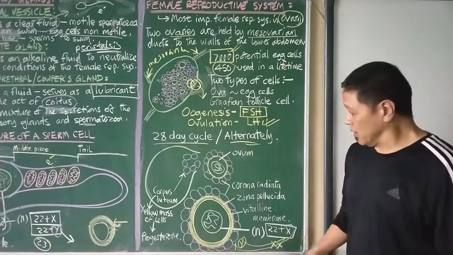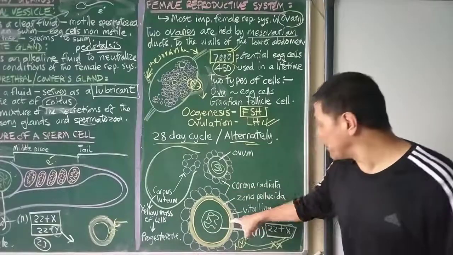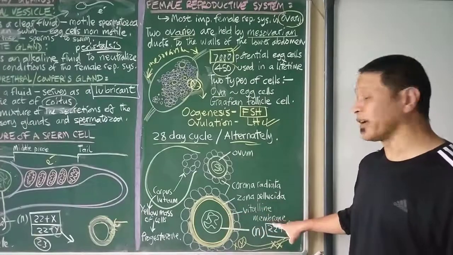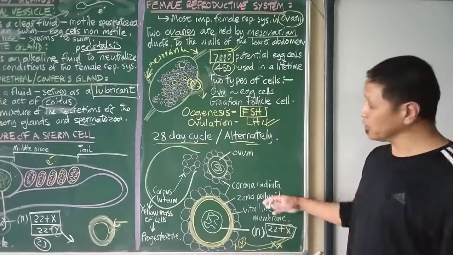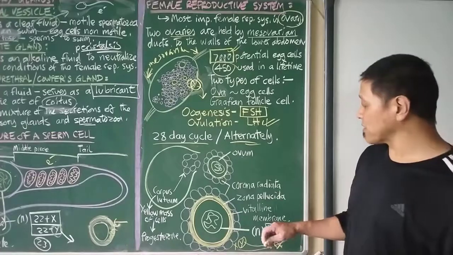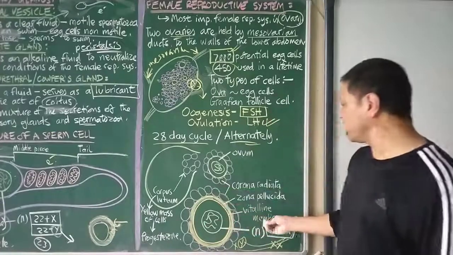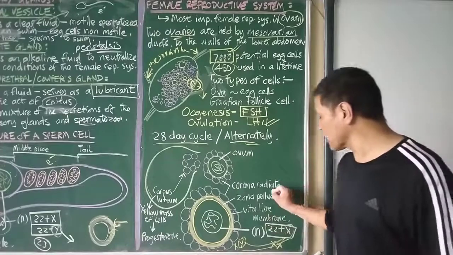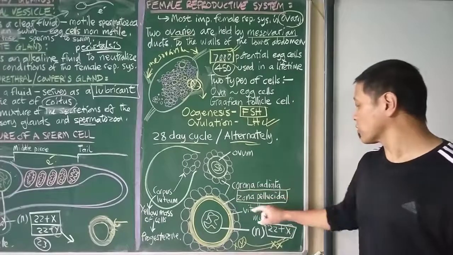The membrane of the egg cell is called the vitelline membrane, which has a very important role during the process of fertilization. And around the vitelline membrane, there is another structure called the zona pellucida.